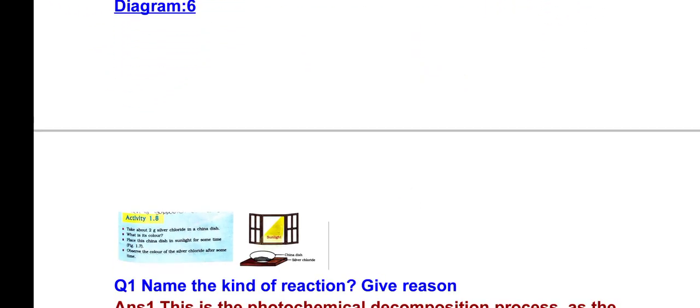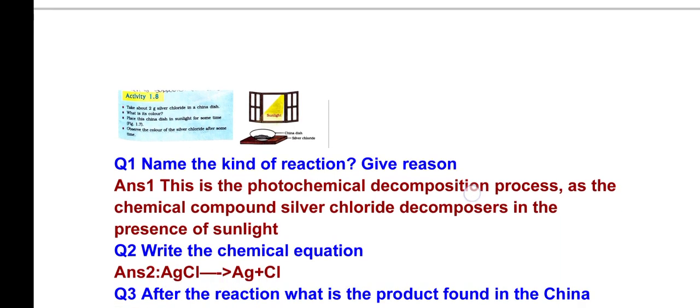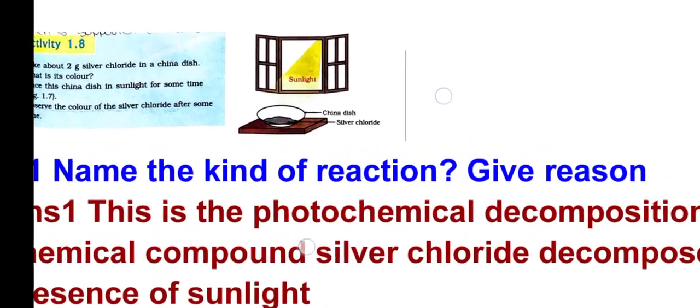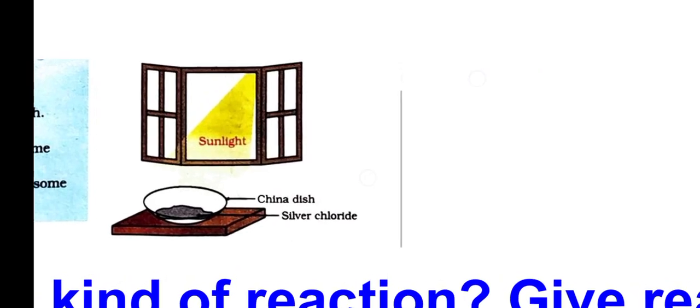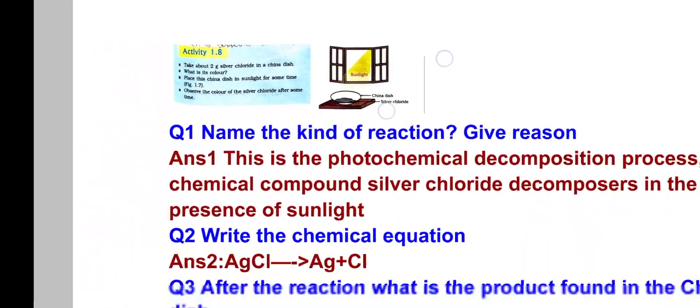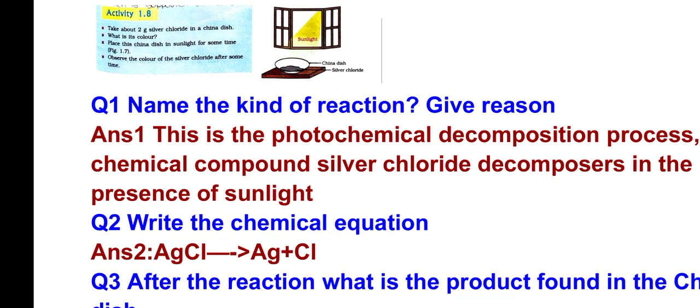Let us take a glance at diagram number 6. Here you can see there is sunlight which is falling on the silver chloride, and the question related to this is, name the kind of reaction and give the reasons for your conclusion.